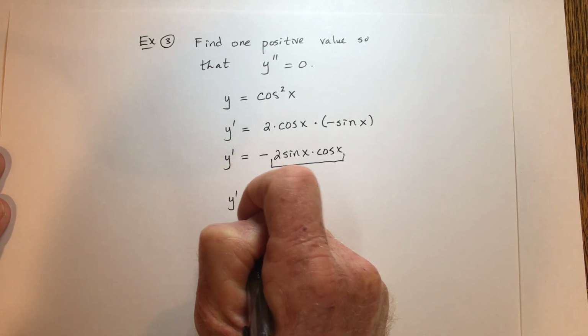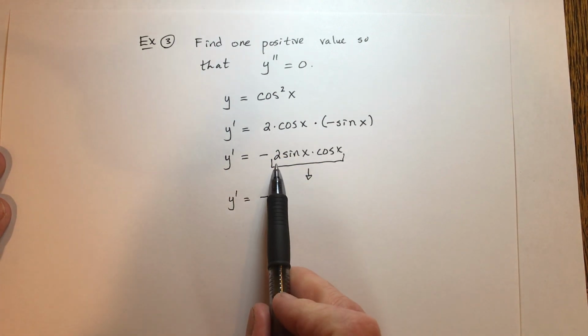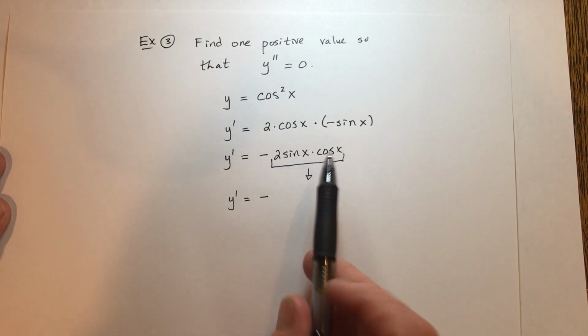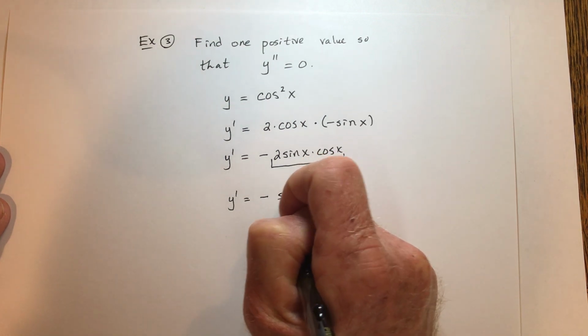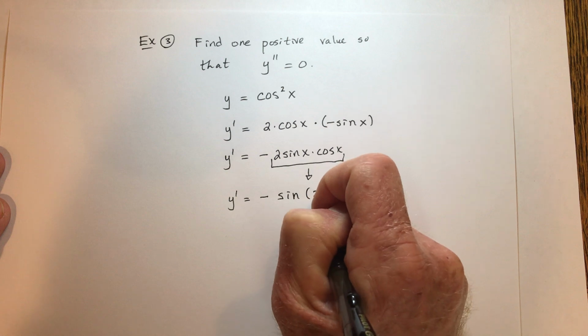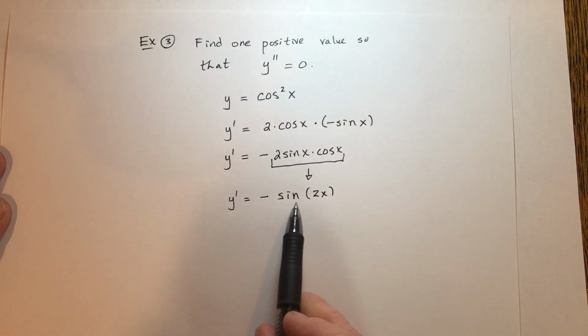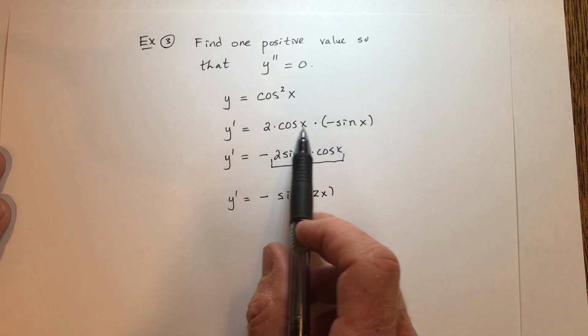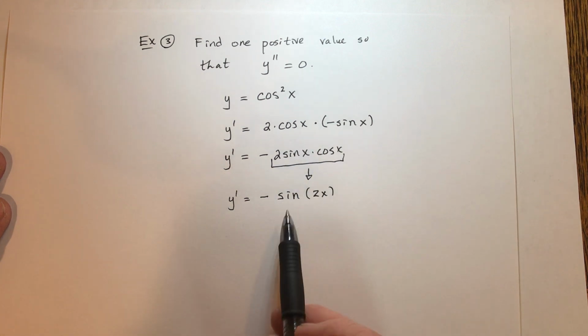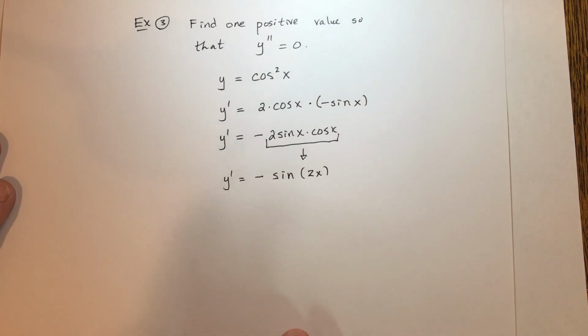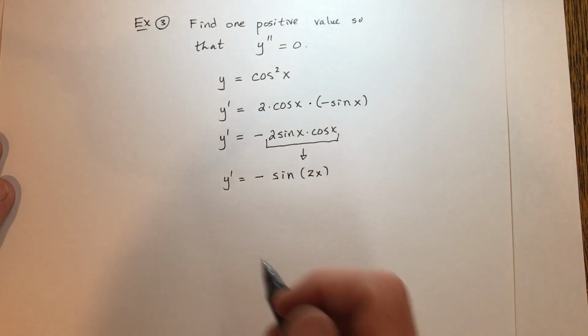The negative just stays there, and the trig identity for 2 sine of x times cosine of x is sine of 2x. So I didn't have to do this. I could have just taken the derivative of this using the product rule, but it would be easier to simplify it with this little trig identity.